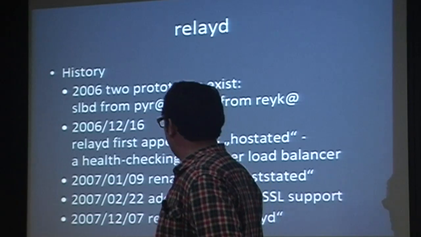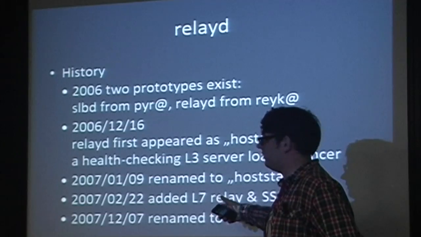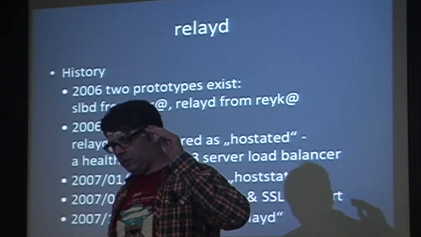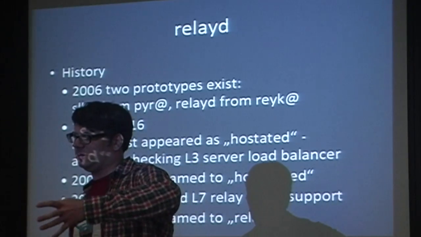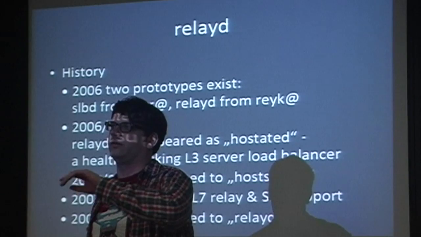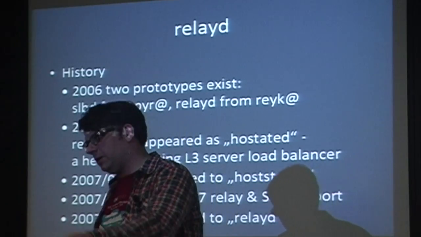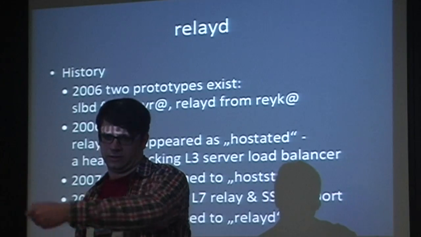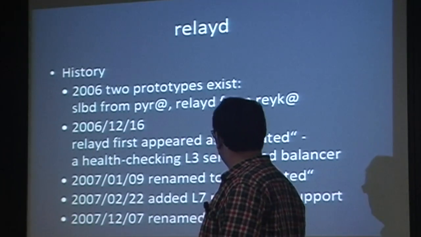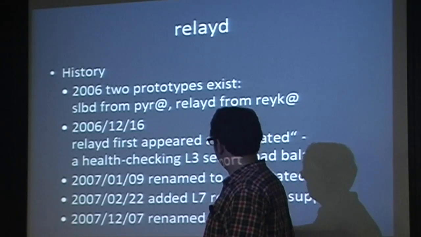I kept the name, I didn't like it, but quickly after, when I added layer 7 support, the ability to terminate a TCP connection, for example, and, well, it was the other way around at this point. I could terminate an SSL connection and forward it to a TCP connection. So when I added this feature, I decided to rename it.